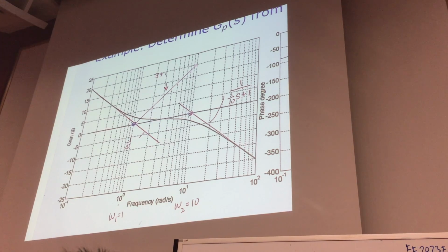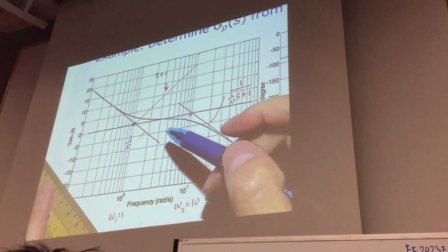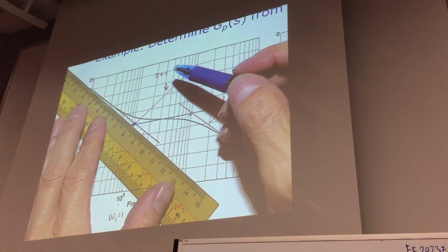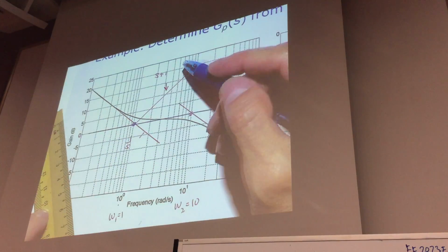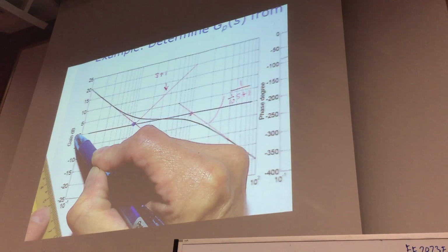So I look back at my curve here. If I look at this curve, omega goes to 1, right? You go up here, it is 0.